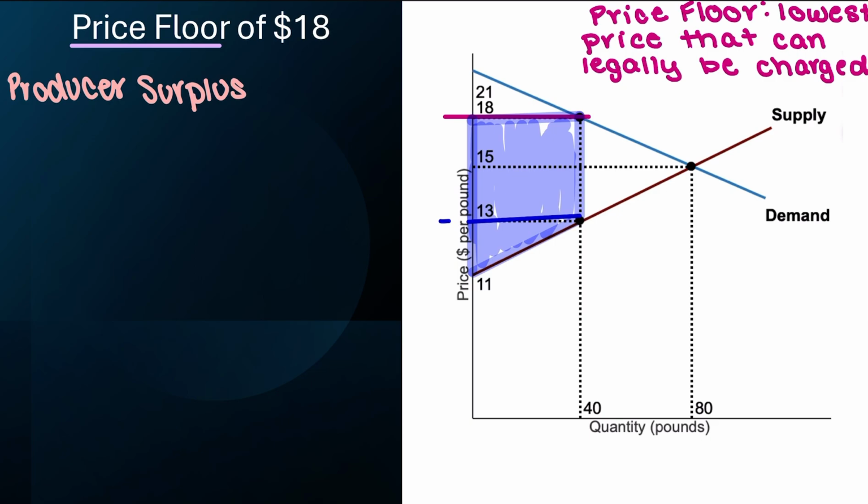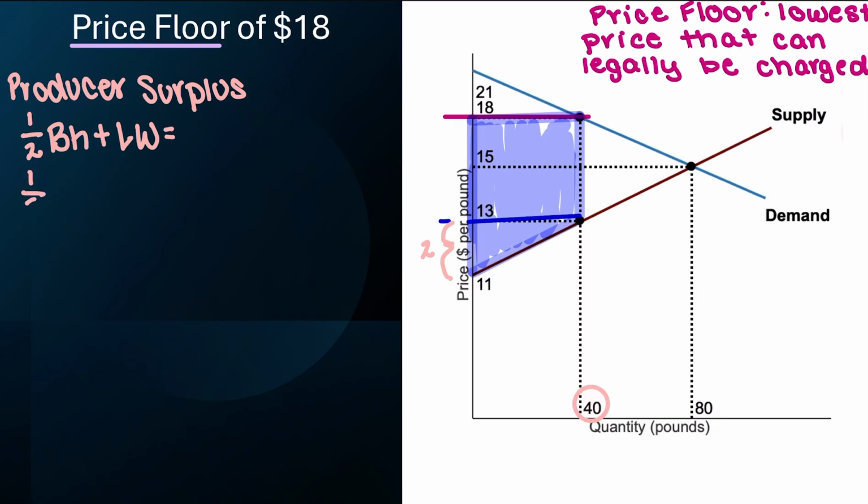And if you break it into a rectangle and a triangle, you're going to have 1/2 base times height plus length times width. And our 1/2 base times height is going to be 13 minus 11, which is 2, and our quantity, which is now 40.